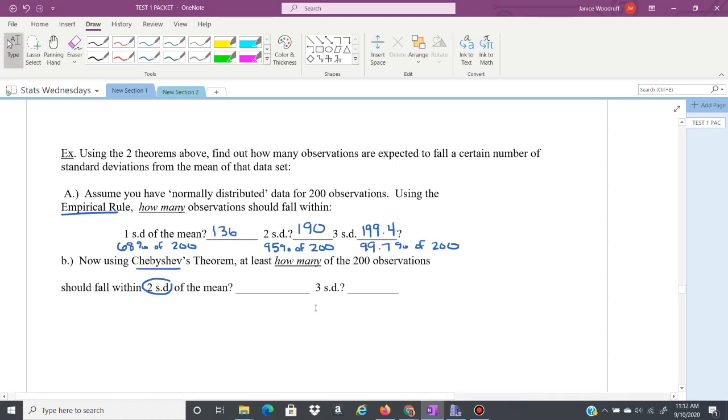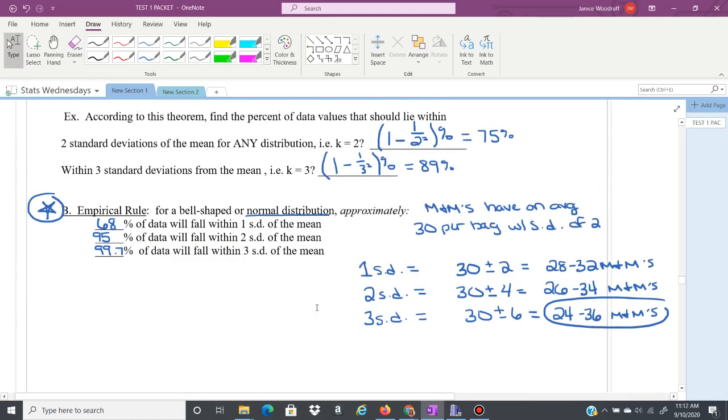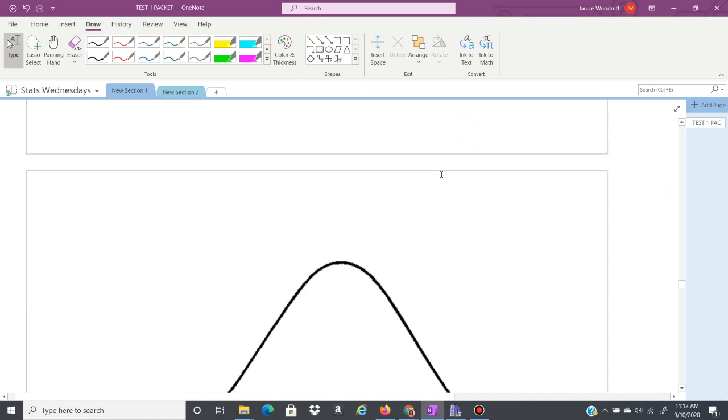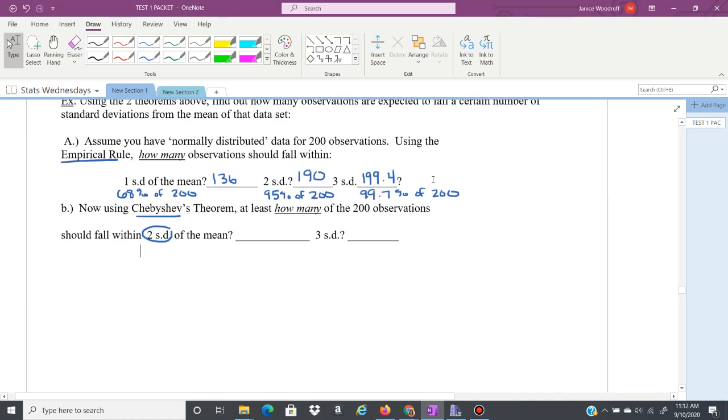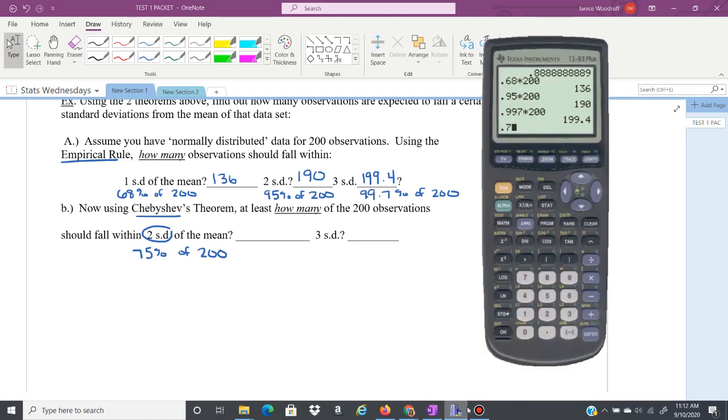We can do the formula, or we can go back up here and look. It was 75%. So this is 75% of 200. How many is that? So that would be 150.